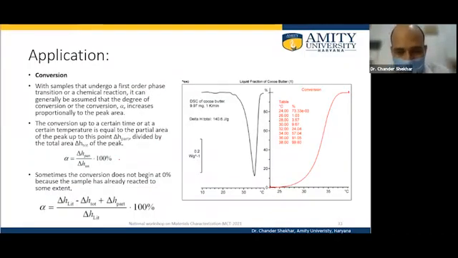If there are reactants, say two reactants reacting to product, that can be determined using a similar relation.